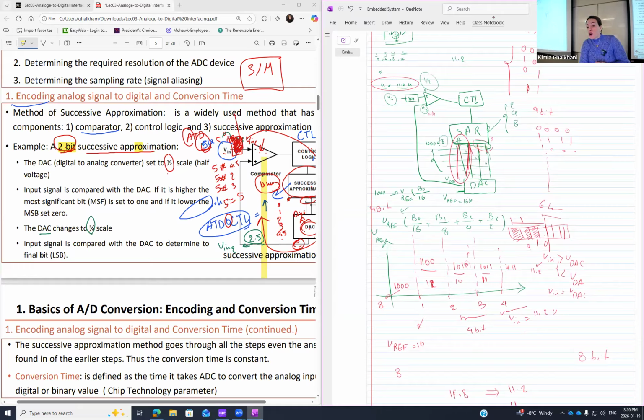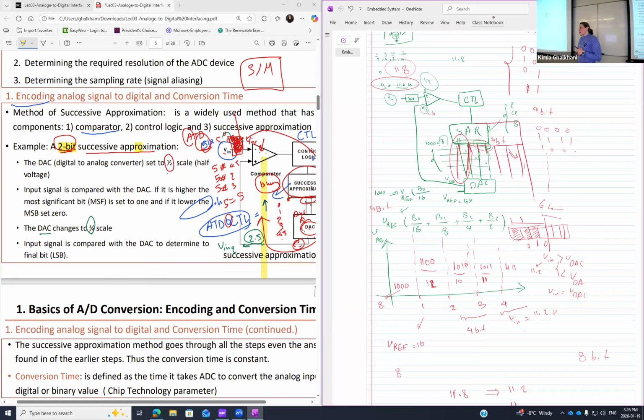Then I do not have 4-bit. 4-bit won't generate a number which is, if this one is, as you said, 11.8, 4-bit won't be able to come close to 11.8. Maximum for 4-bit in here is going to be maybe something at around 11. Therefore, I cannot use 4-bit anymore. I have to use 8-bit. Means I have to have a bigger one in here to be able to generate more than 11.